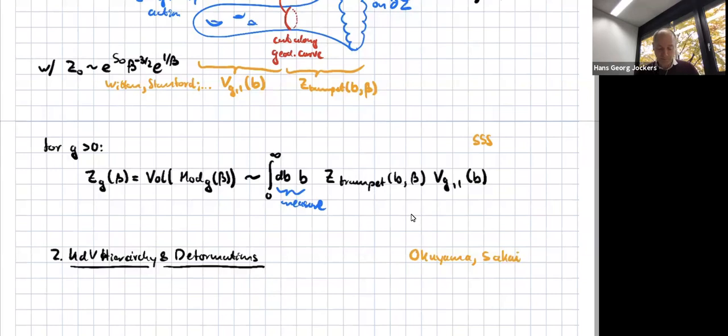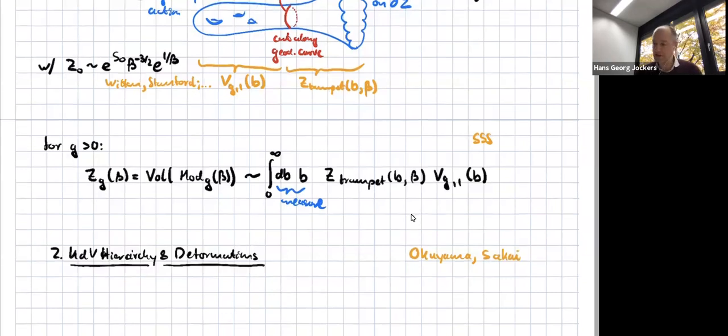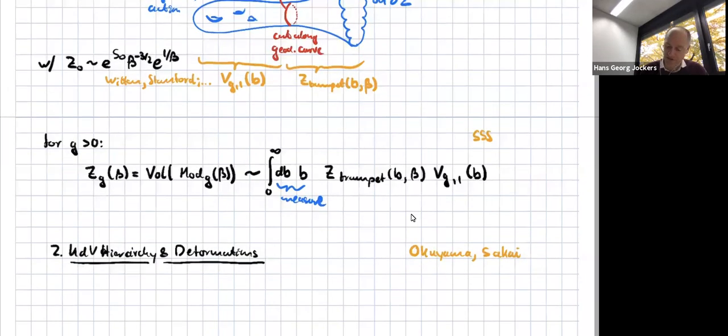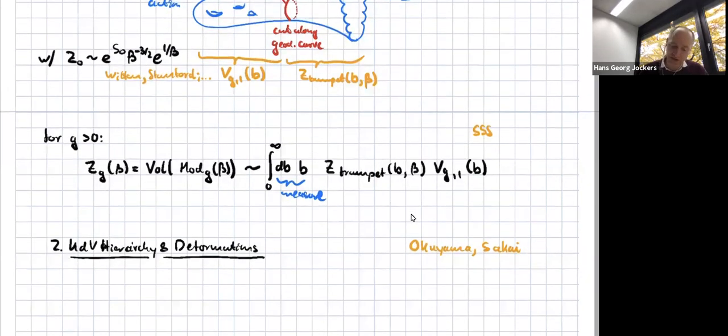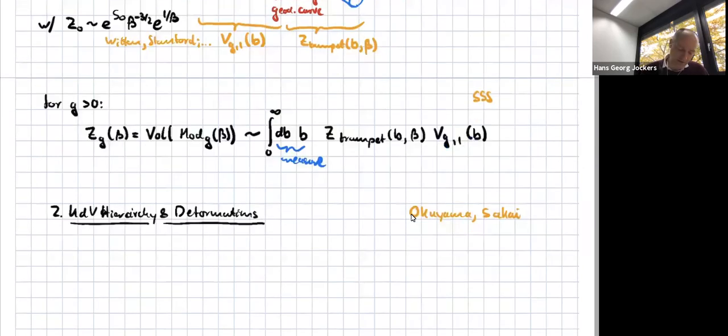And so the essential input goes back to the fact that these moduli spaces, the volume of these moduli spaces, have a direct connection to topological gravity.